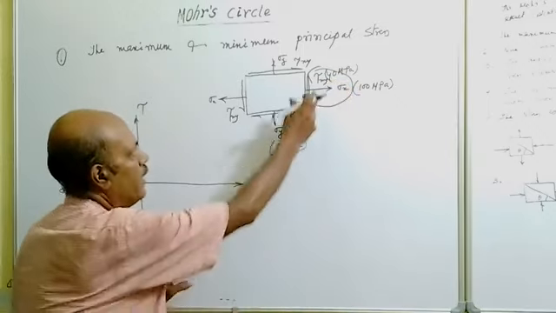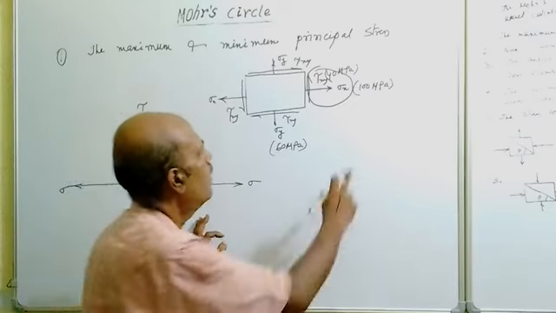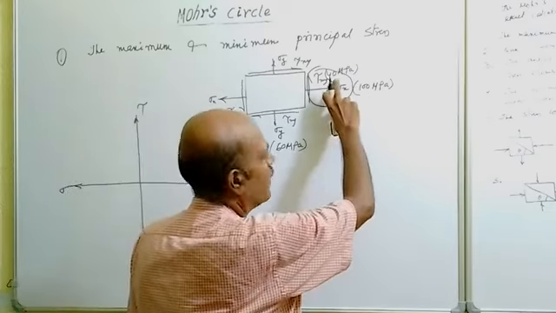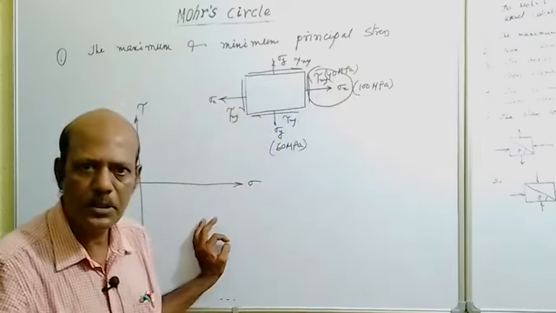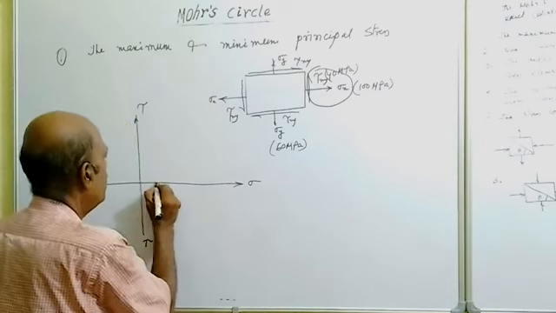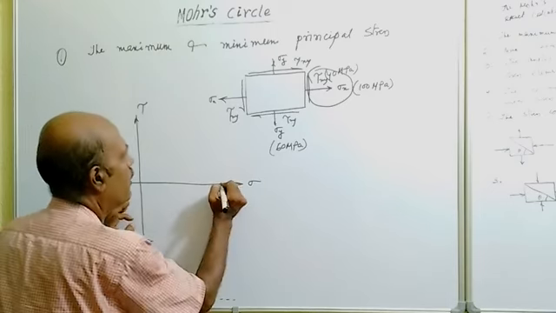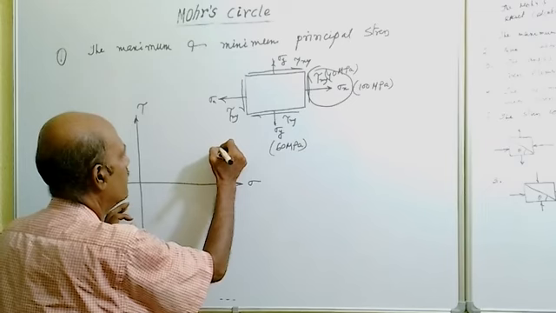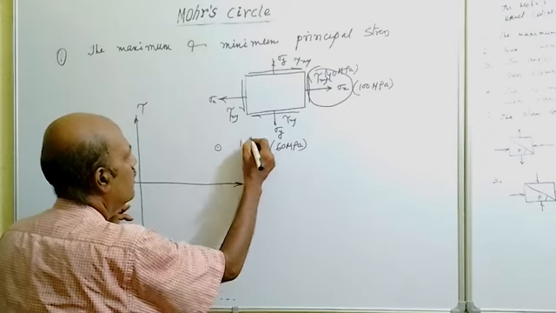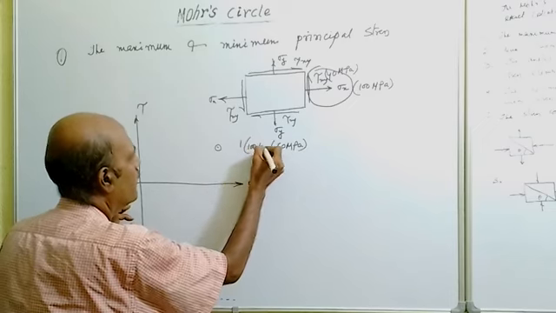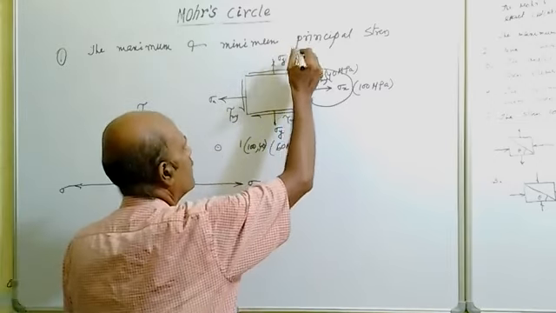Now the x face point: the stresses acting on the x face are 100 megapascal tensile, which is positive, and 40 megapascal in anti-clockwise sense, which is also positive. Using a scale, we get the first point, 100, 40. Now go to the y face.